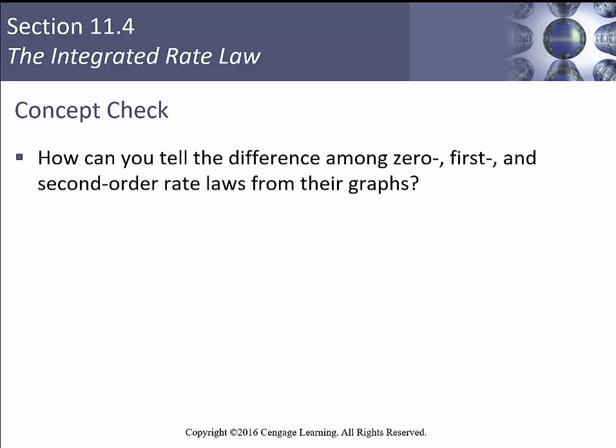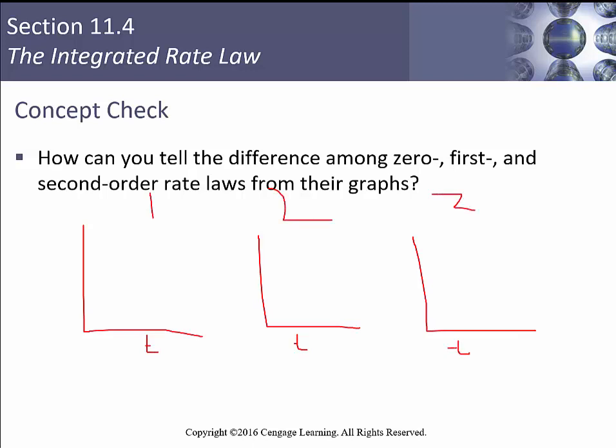So how are you going to differentiate between these 0, first, and second order rate laws from their graphs? Depends on what you put on the axis. They're all going to have t on the bottom. 0, first, second. This guy's just going to be our concentration.